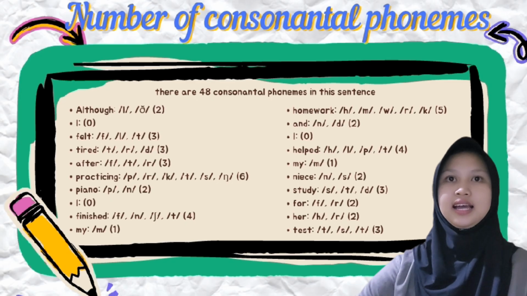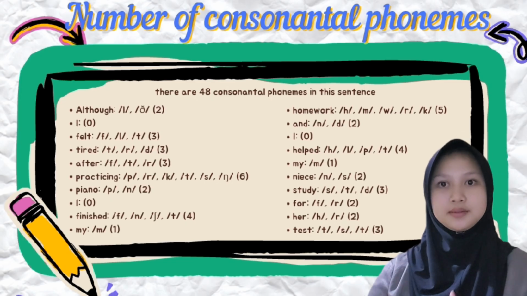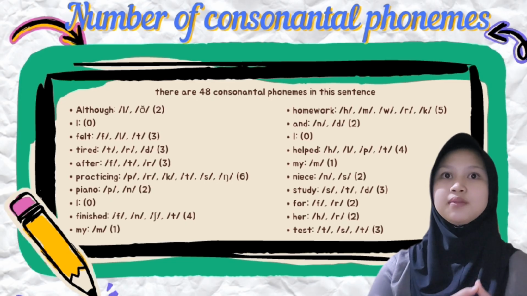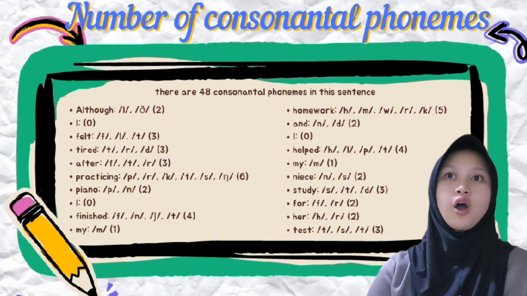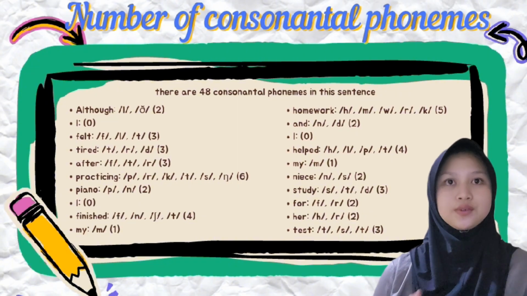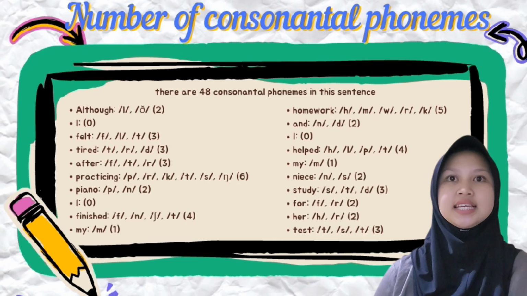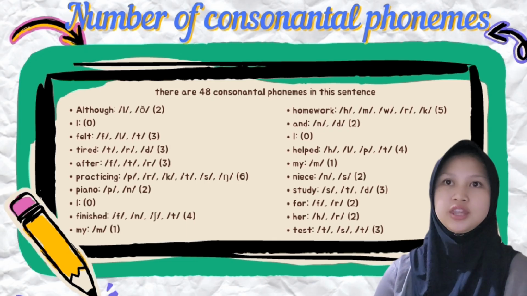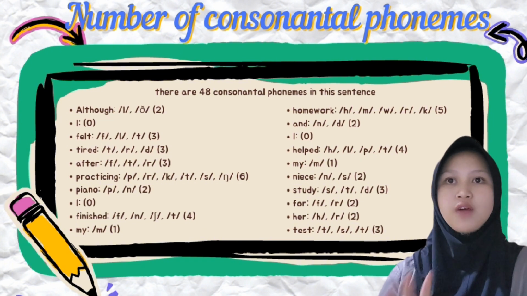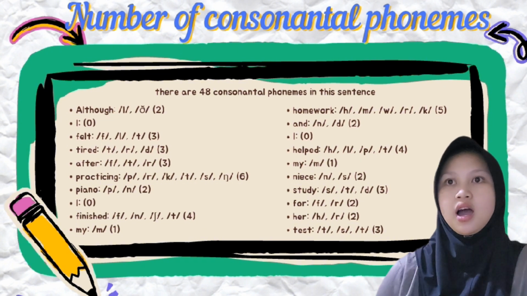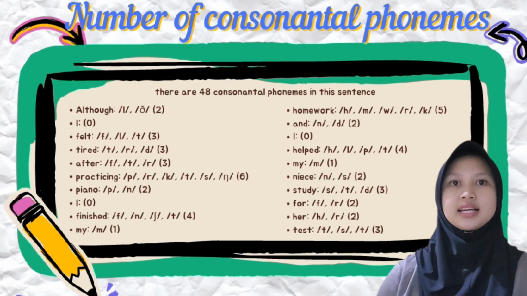The next analysis focuses on the consonant phonemes. A consonantal phoneme is a speech sound produced with some degree of obstruction in the vocal tract. Each word in the sentence was analyzed to identify its consonant sounds. For example, the word homework contains 5 consonantal phonemes, while the word help contains 4.